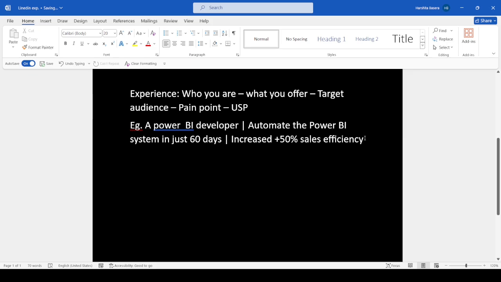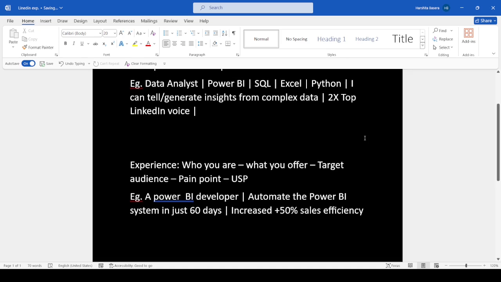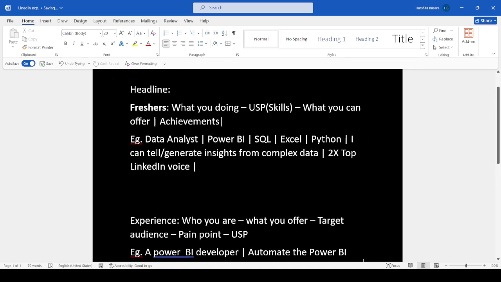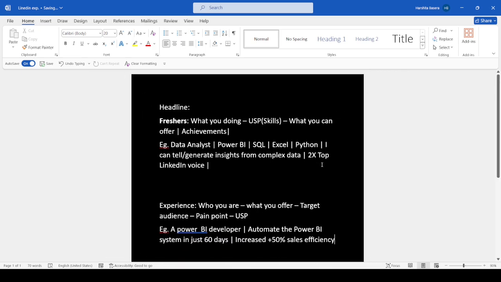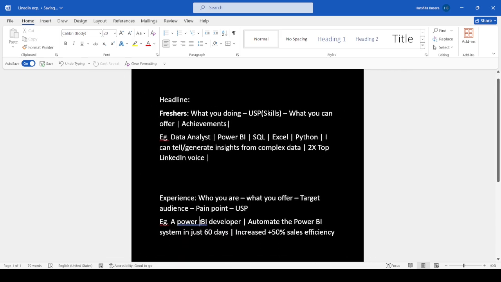It means that you are not only automating the system in 60 days, but you are generating the results of that particular system. Okay, so this is the final headline of the experienced person. So here we have discussed the headline section for both freshers and experienced people. You can take a screenshot of this. I hope this is clear.